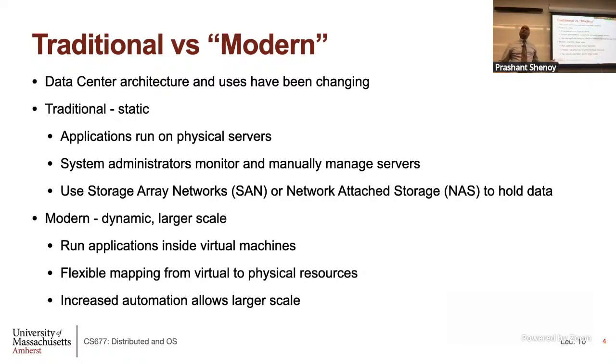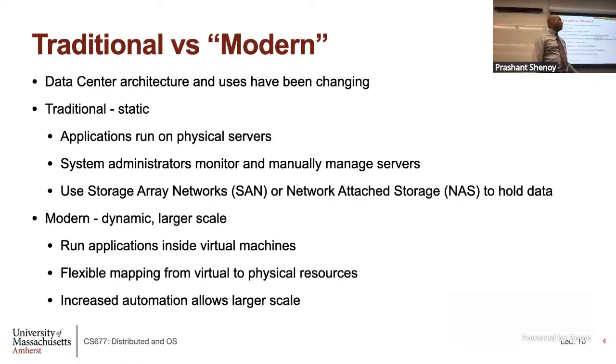And that made things much easier, and I'll show you some pictures in the next few slides. Now, rather than running applications on physical servers, these physical servers will run a hypervisor, typically a type 1 hypervisor, which I already talked about. You then have virtual machines built on these servers, and applications run inside virtual machines. This makes it much more flexible to map applications to servers, because if a server gets overloaded, you can live migrate that VM to some other server that's not using all of its resources.